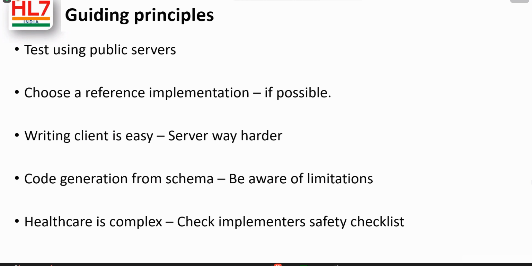Similarly with the client, there are fhir-client.js and other things that are available. So see if you can use the reference implementations. The client will be easy, but the server is way harder because FHIR as a spec pushes a lot of requirements on the server, okay?